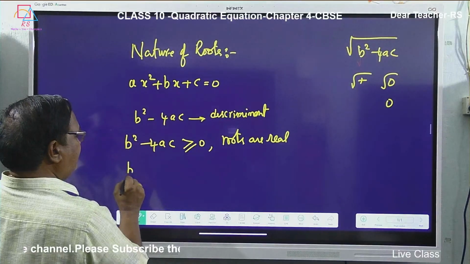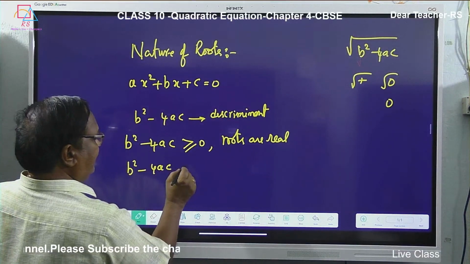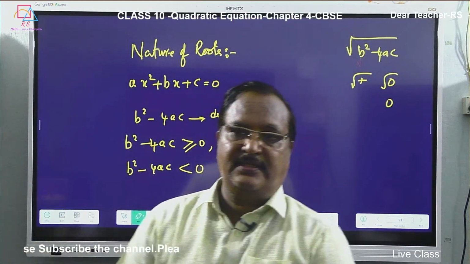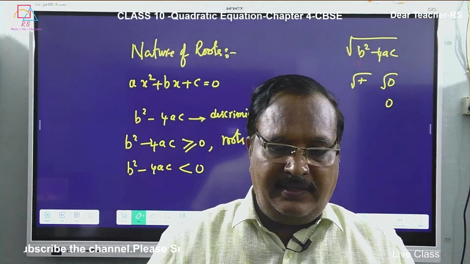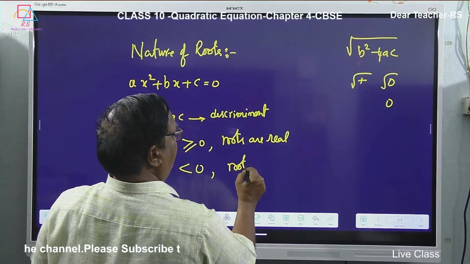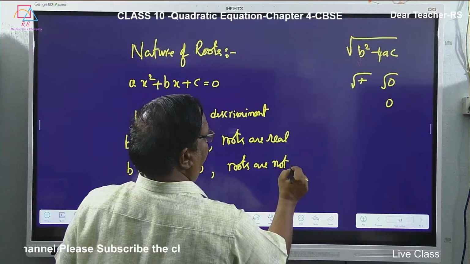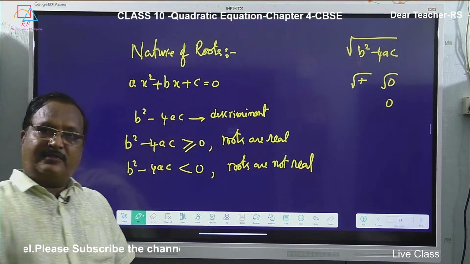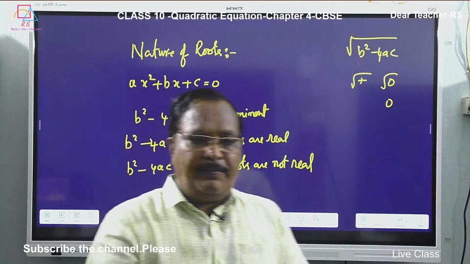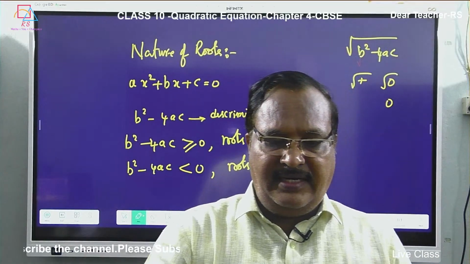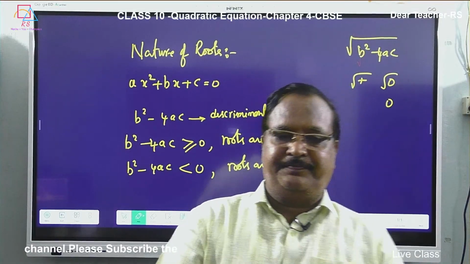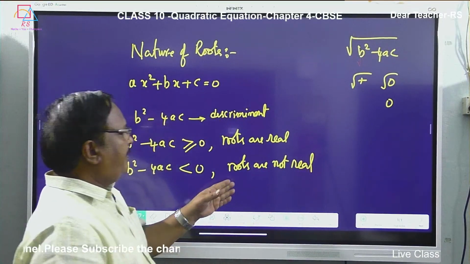If b square minus 4ac is less than 0, that means a negative value, then the roots are not real. So these two are the main conditions.